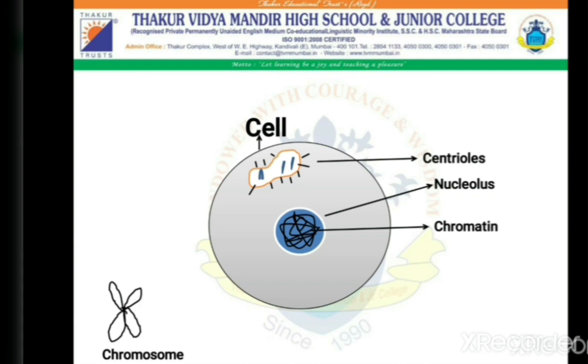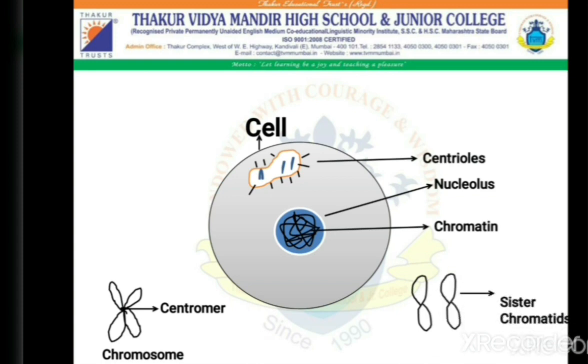In this structure of the chromosomes, you can see a knot which is present at the center. This knot which is present at the center is called the centromere. A stage is reached in the cell division where this chromosome splits up. When this chromosome splits up, they are called sister chromatids, which is shown in the diagram this way.